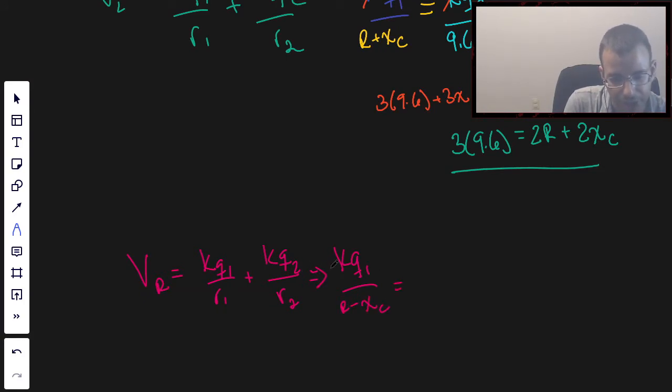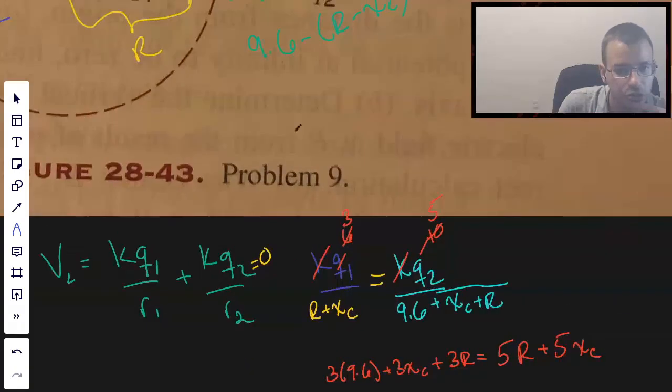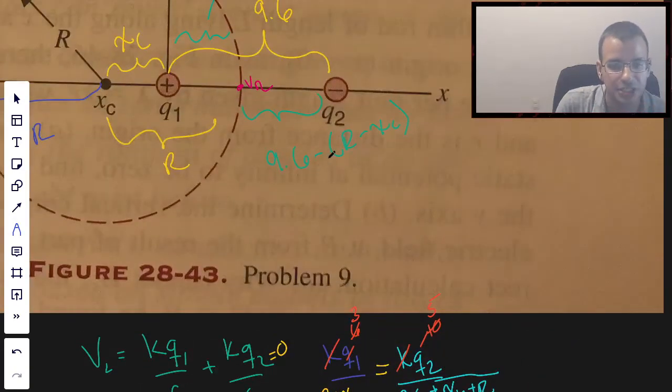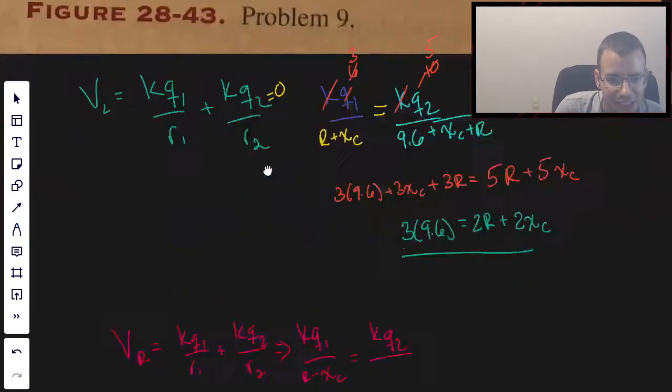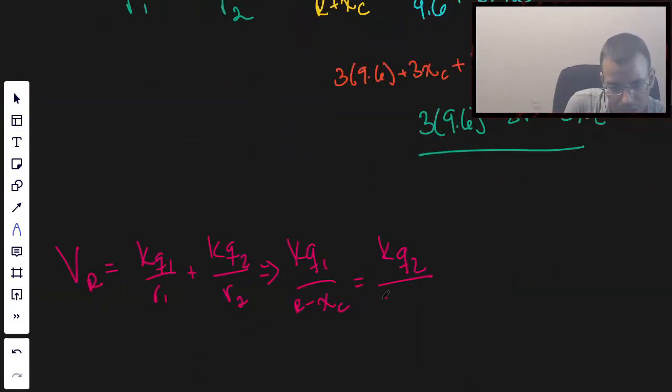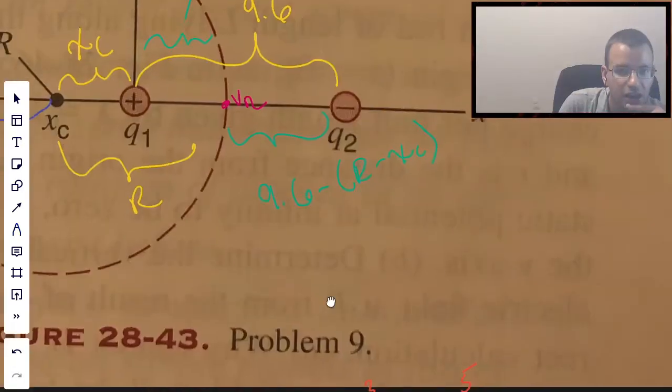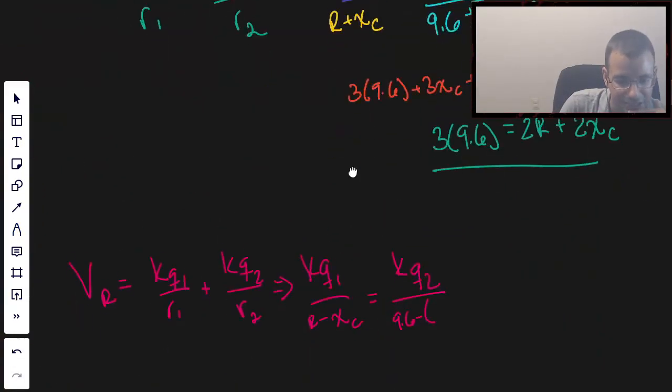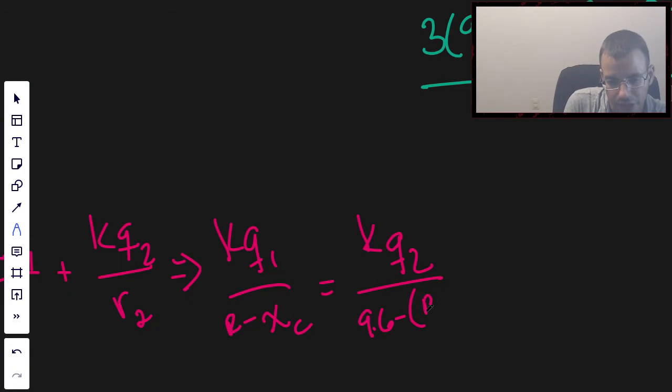I'll do a little imply sign. That way I don't have to maintain the whole equality here. I just flip it over to the other side. K over Q2. Now R2, this is going to be 9.6 minus R minus XC. So it's going to be 9.6 minus, let's see, did I say R minus XC? R minus XC. Minus R minus XC.